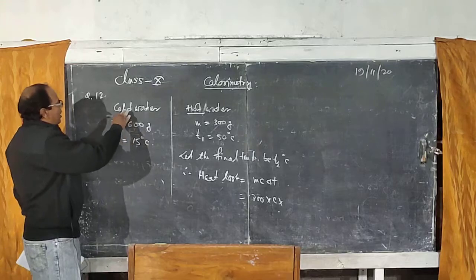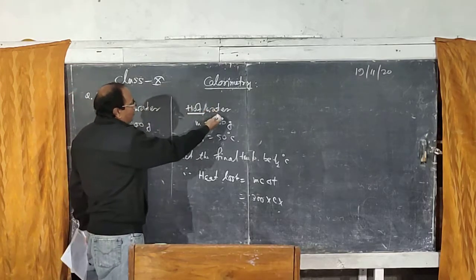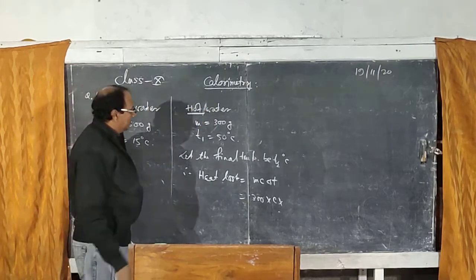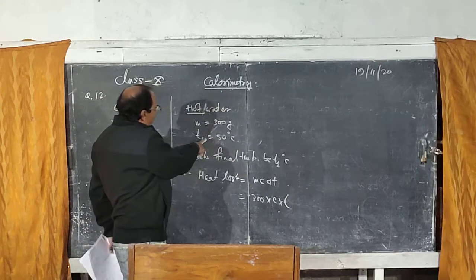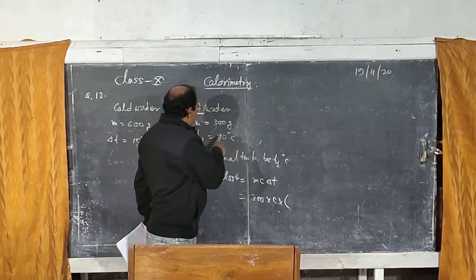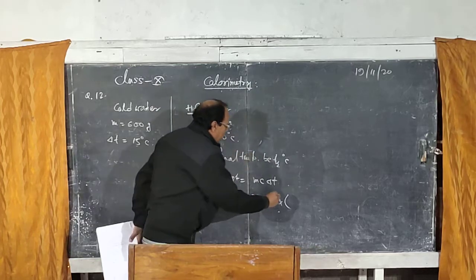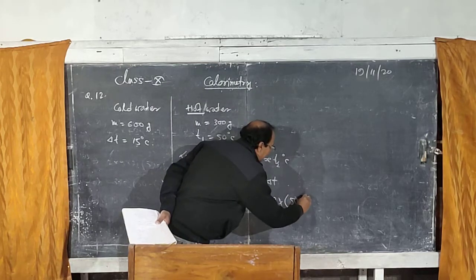This is cold water, this is hot water, so C will be cancelled, and delta T here: initial temperature is definitely more than final temperature, so T1 minus T2, you can write directly 50 minus T2.